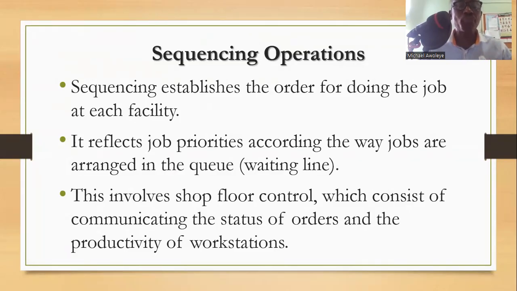It reflects job priorities according to the way jobs are arranged in the queue or in the waiting line, depending on what the operations manager or the production manager really wants, or if you're a student, depending on what the examiner would like you to do.